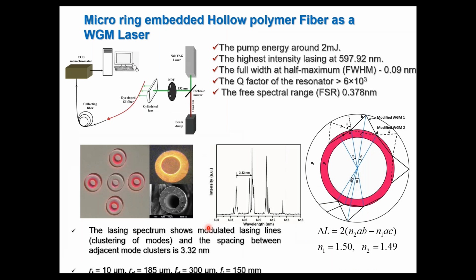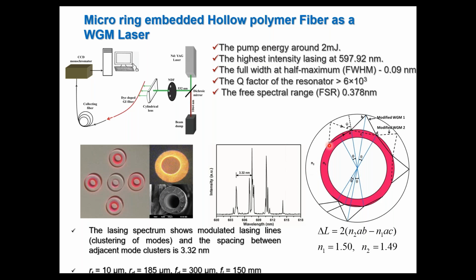So one interesting structure that we tried here is a micro ring embedded hollow fiber. I mean, you have a hollow structure, and this is an image of such a microcavity, and the inner wall of this tube is coated with a gain medium.